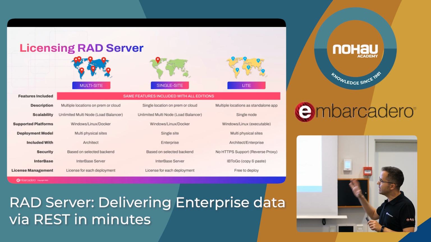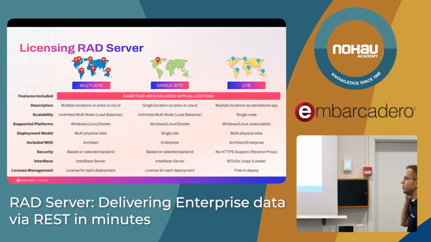But RAD Server, to run, needs an InterBase database to store the analytics, the endpoints, and the users. As I said, that instance is exclusive for RAD Server, and your data could be in any other database. If it's InterBase, much better, of course, but if it's not, it's not a big deal.